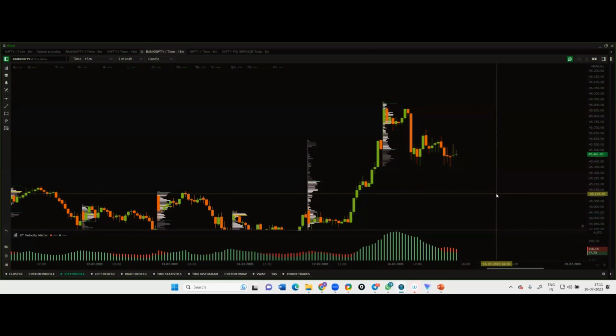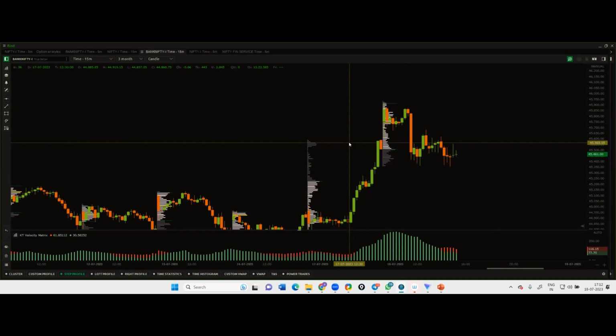It tested a particular level multiple times. It tested a particular level only a few times. So the entire journey of price that a particular index has undertaken over a day's time range, I would like to see the volumes that were traded at each point of the price's journey. That's exactly what volume profile is.